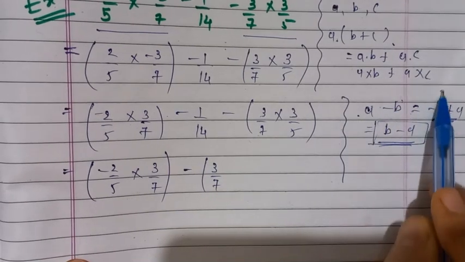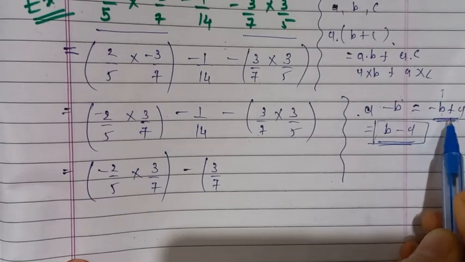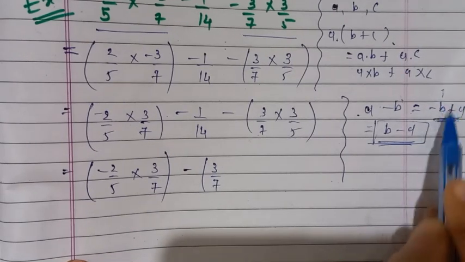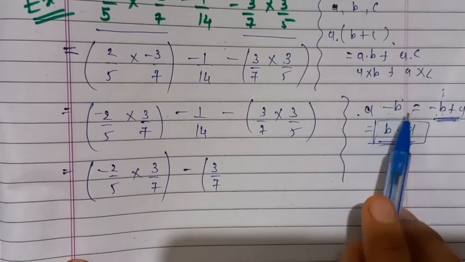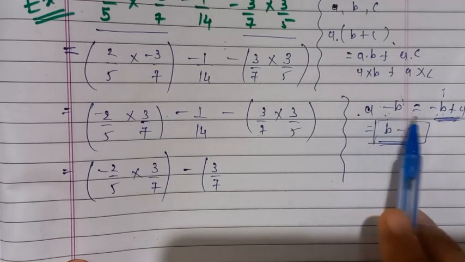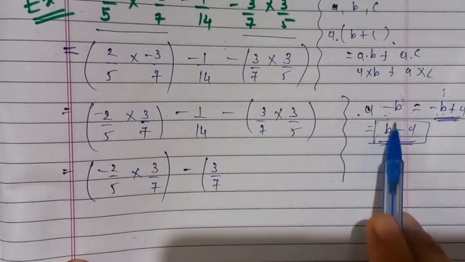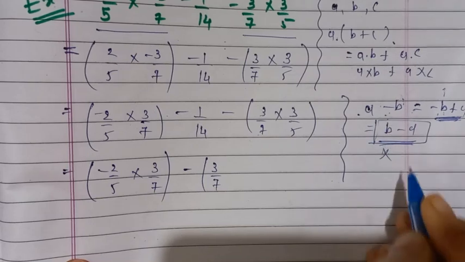So the meaning is the same. One process changes the order with the sign, and the other is without the sign. Here the sign of B is minus, and after changing the order of B and A, the sign of B is changed. That is not valid; this is valid.